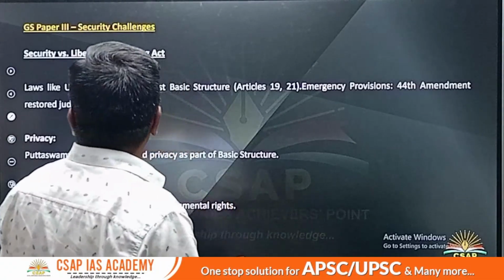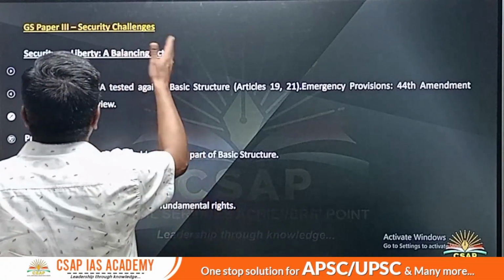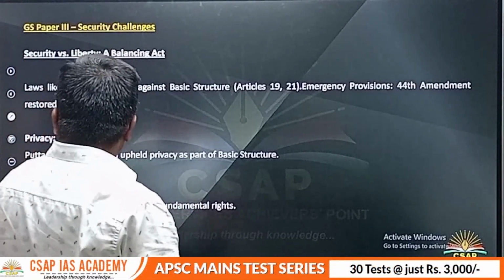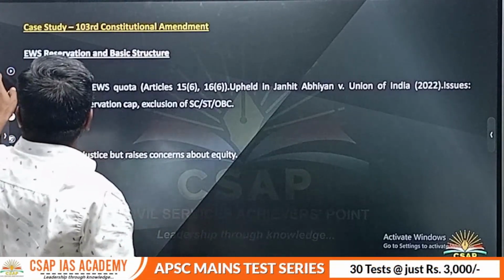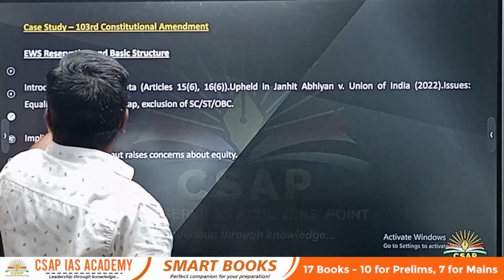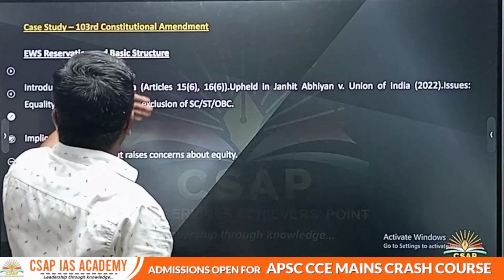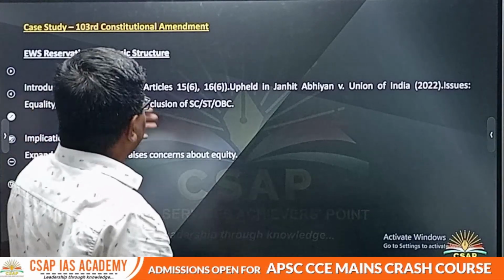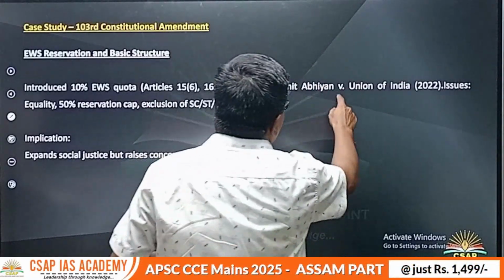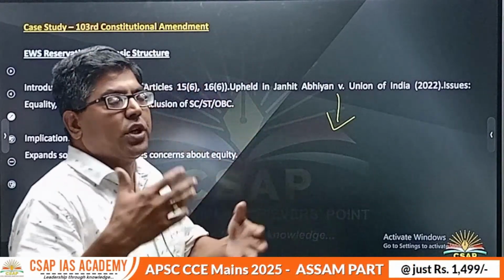So that's why, I think the security dimension, I have already discussed, security challenges. So let us quickly try to sum up, and we have various cases. EWS reservation, what has happened, these are very recent, so it is Janhit Abhiyan versus Union of India, where certain constitutional questions were there.